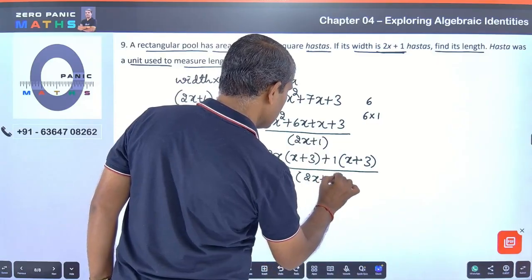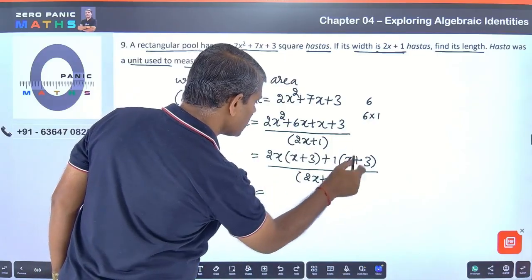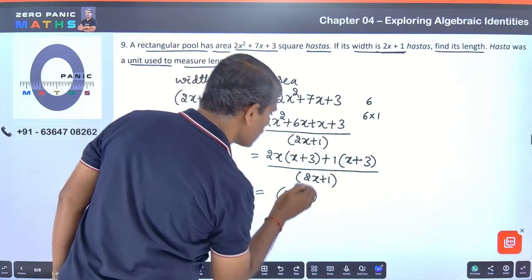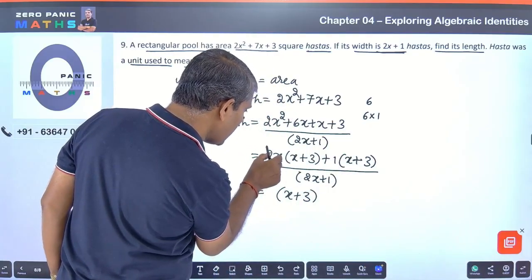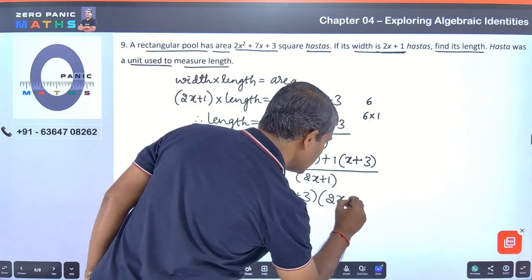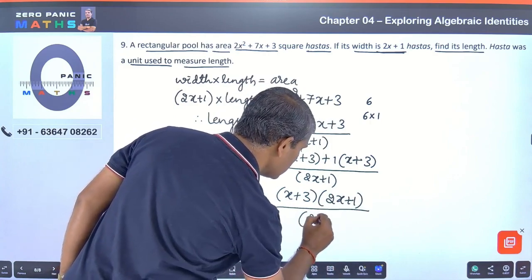Now take x plus 3 as common. So x plus 3 came as common from the numerator, and what remained here is 2x plus 1, and that 2x plus 1 is going to be cancelled with the 2x plus 1 in the denominator.